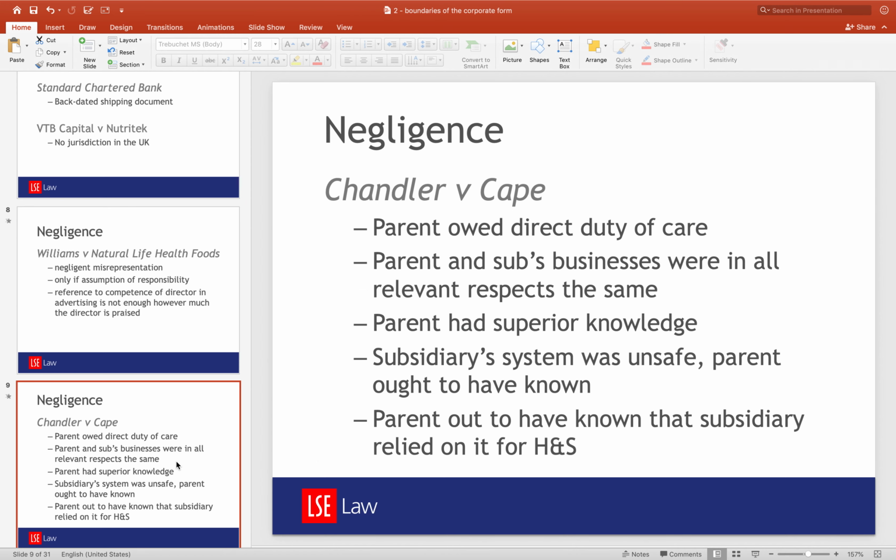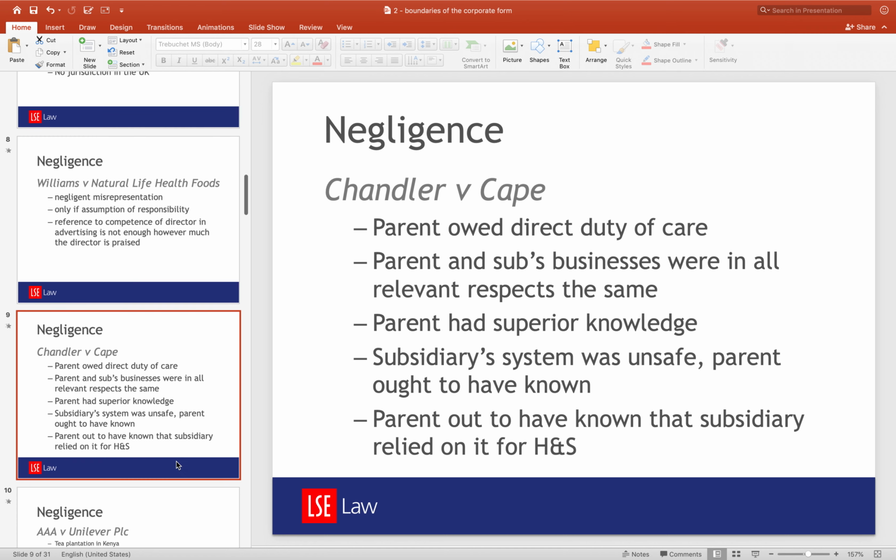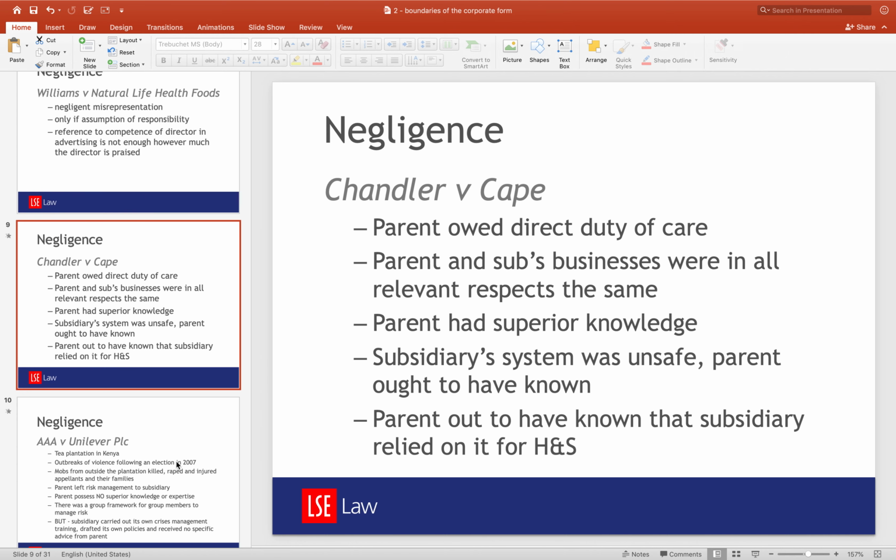Here is a case where there was a successful claim, and that was Mr. Chandler against Cape, the case of this shared factory facility which had an open side, so it had just three walls, and asbestos dust migrated. The parent company had assumed overall responsibility for the management of the site.